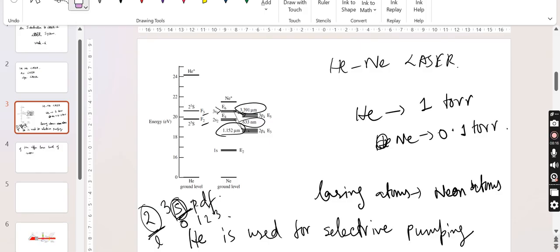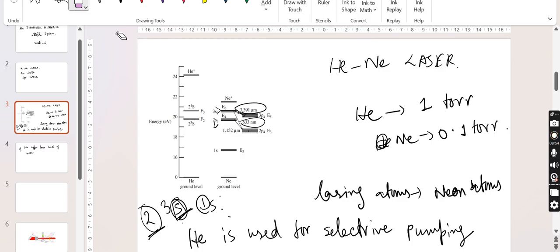So 0 means s, and p means 1. So 3 is 1s. Here the electrons are at this position, and for 3 both are in the same direction, like up or down. Here they are in the opposite direction. That is why this is 3, this is 1.